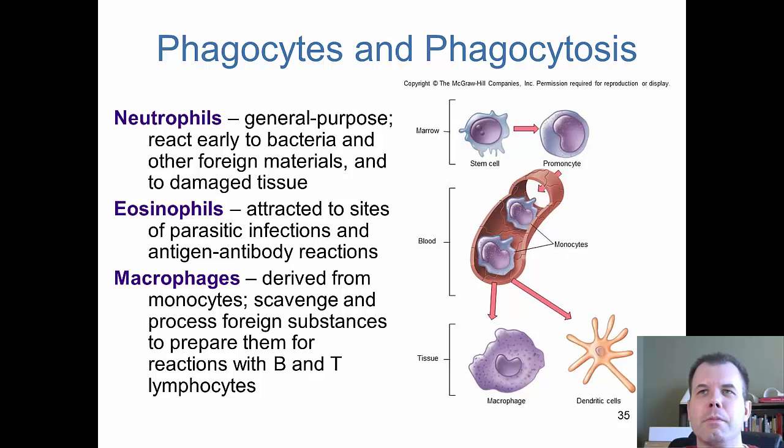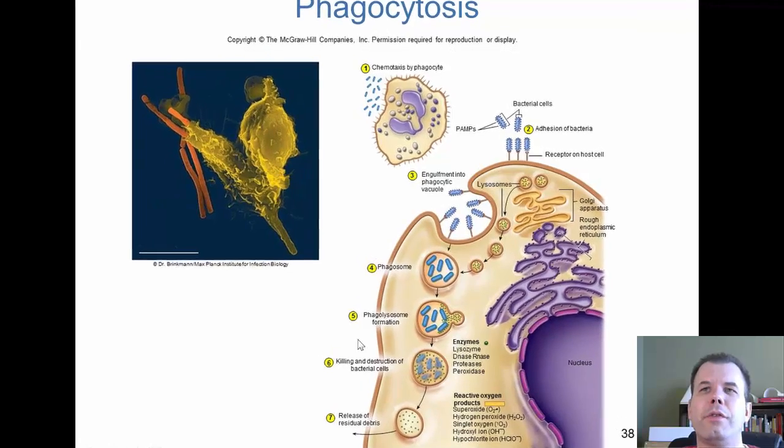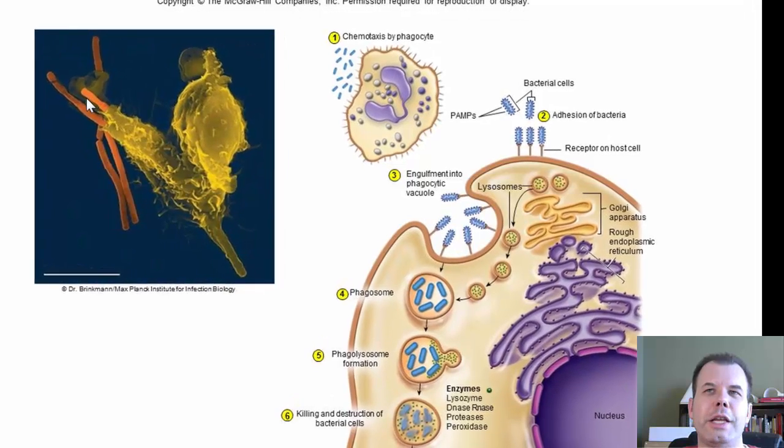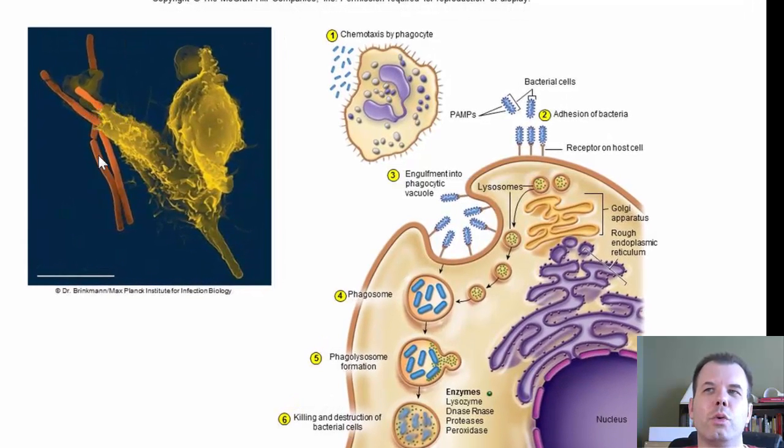Now here is phagocytosis. I think this is a really cool picture. This shows you some neutrophils actually eating up the bacteria. Basically the neutrophil will find the bacteria through chemotaxis. It will bind the bacteria with its receptors. It will bring it in, and here comes a lysosome. That's called a phagosome, which is kind of like the stomach of the cell.